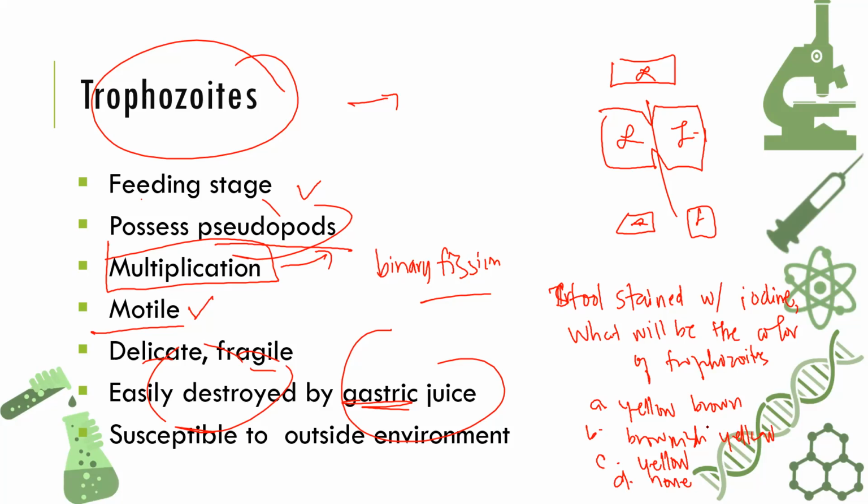A stool stained with iodine. Iodine is what we call Lugol's iodine. What will be the color of the trophozoites? A, yellow brown; B, brownish yellow; C, yellow; D, none. If your answer is yellow brown, you're wrong.